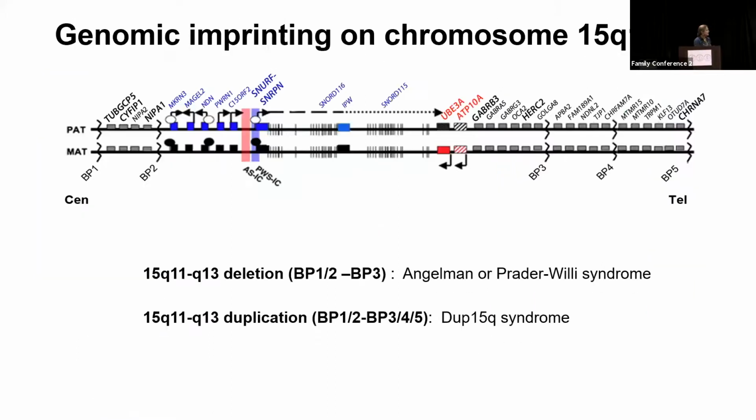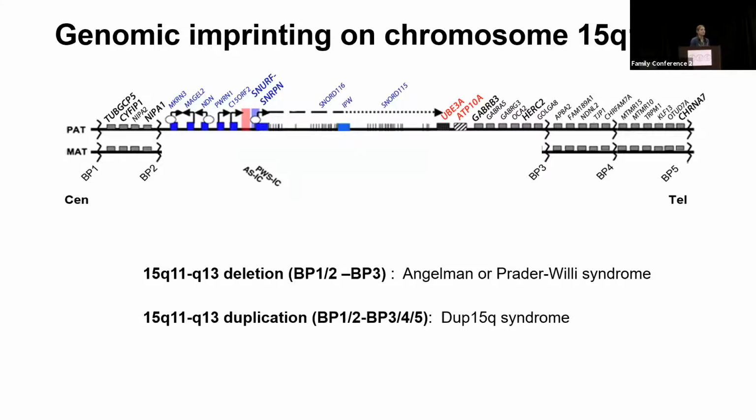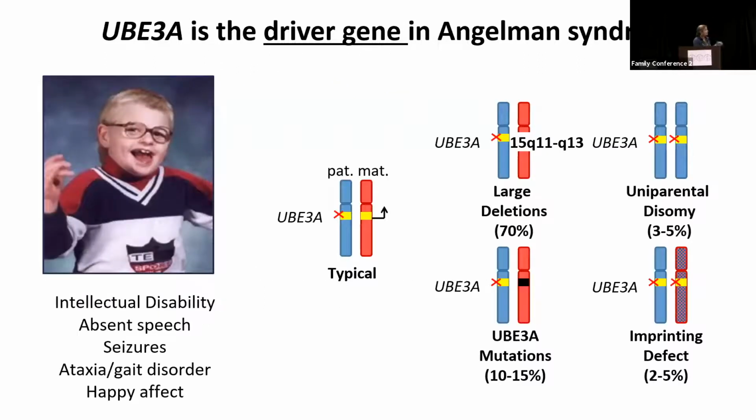And if you were to look at the chromosomal region again, kids with Angelman syndrome have this maternal deletion. Not only are they missing the maternal copy of UBE3A, but they're also missing 1 copy of all of these other genes shown in gray. So they really are missing additional genes. And in fact, the kids with Angelman syndrome due to deletion have a more severe phenotype than Angelman syndrome due to different genetic etiologies.